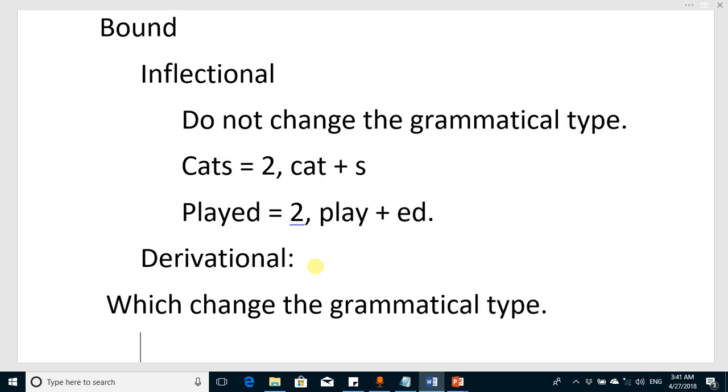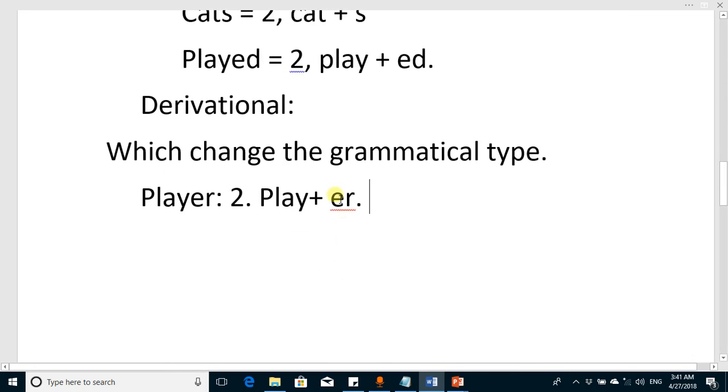For instance, player. It has two morphemes, play plus er, and this er actually did change the grammatical type. Play was a verb, now player is a noun.